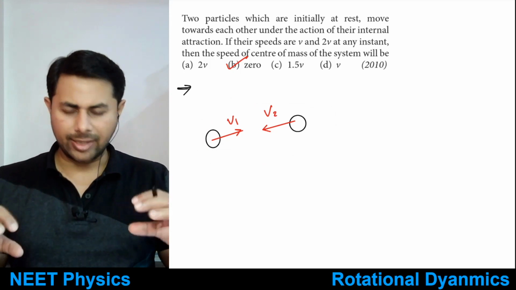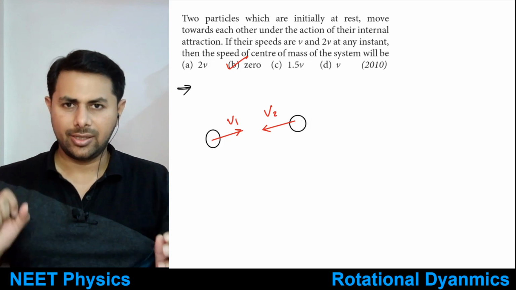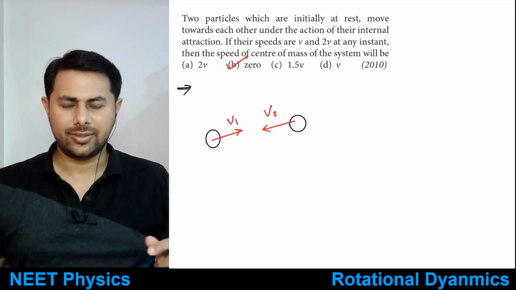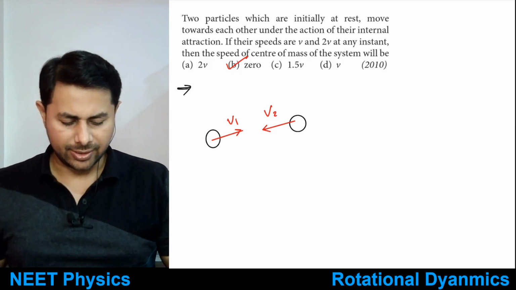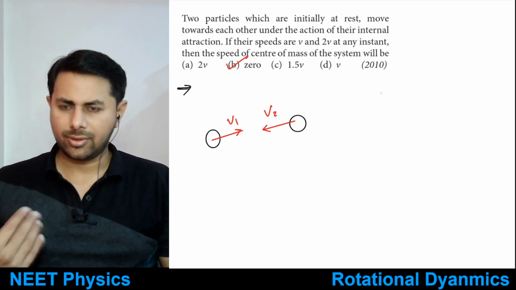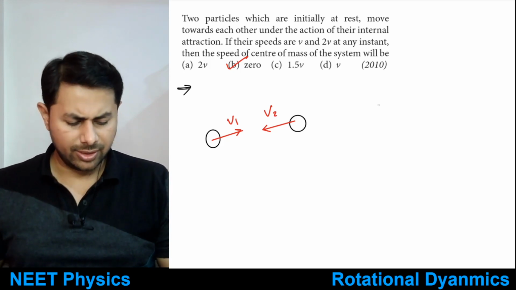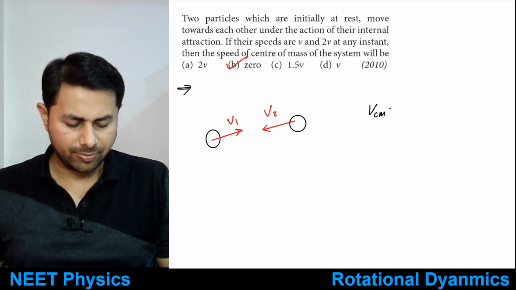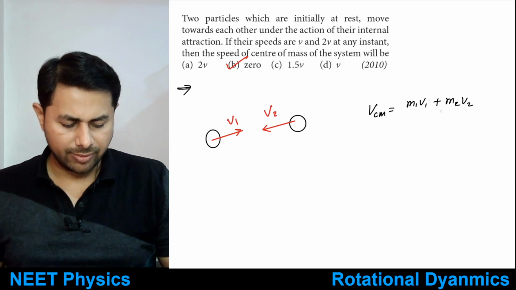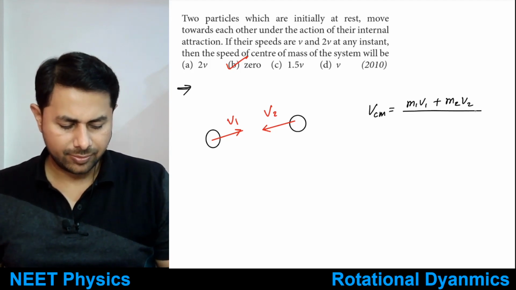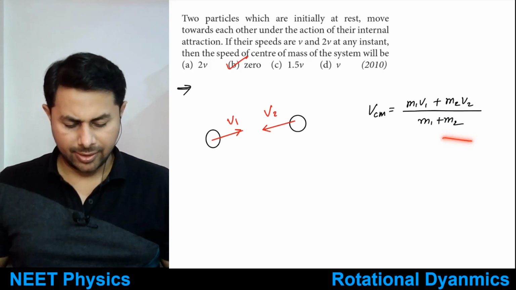Earlier the two particles were at rest, as a system the system was at rest, so the system will remain at rest. That means the center of mass of the system will remain at rest. In some other example, suppose this mutual attraction is not given, then you will just find the velocity of the center of mass as (m1 v1 + m2 v2) divided by (m1 + m2). So that is simple, right?